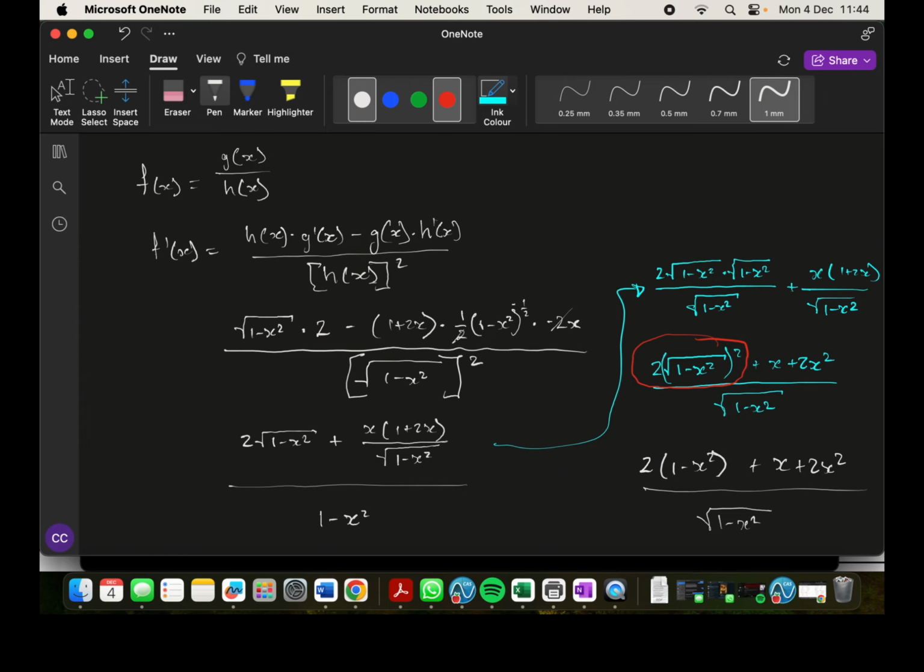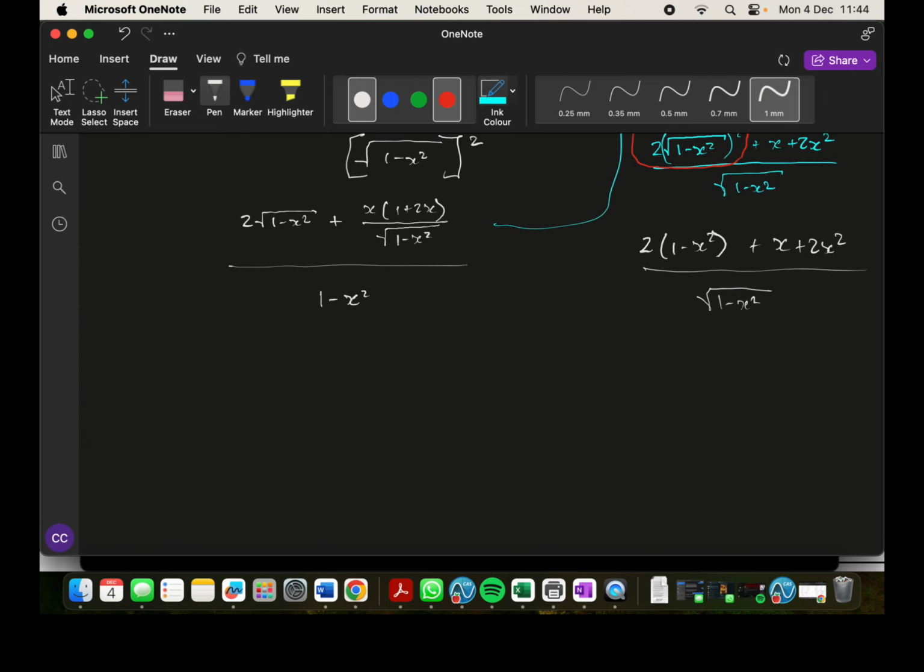Again, just the denominator. If I did that, I would have 2 minus 2x squared plus x plus 2x squared all over the square root of 1 minus x squared.